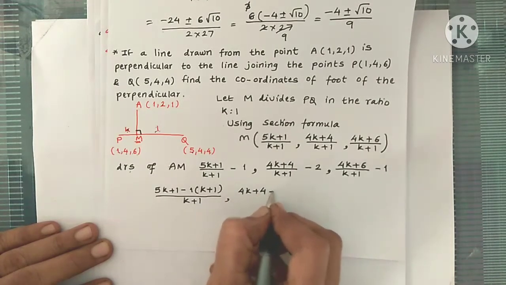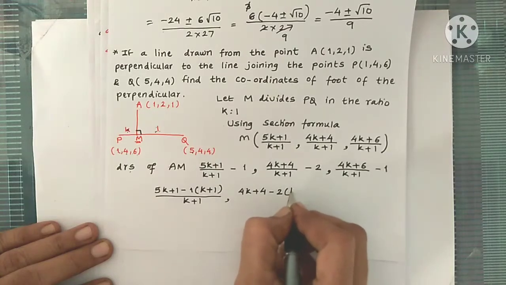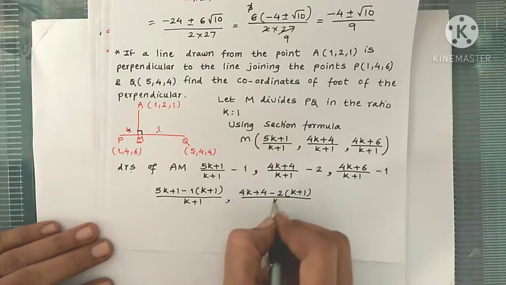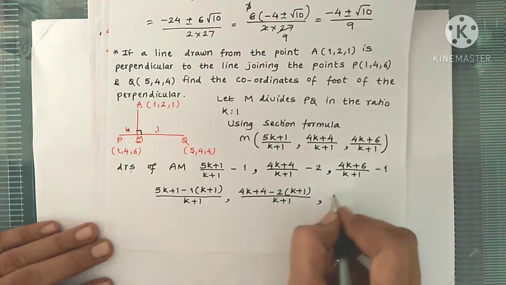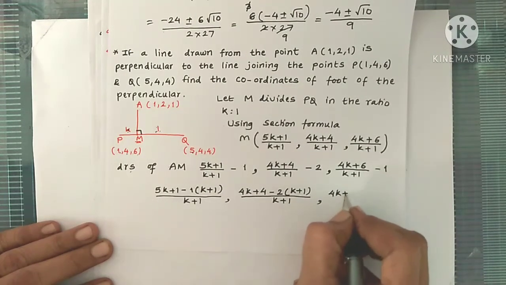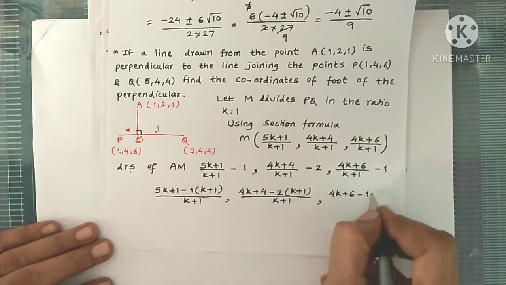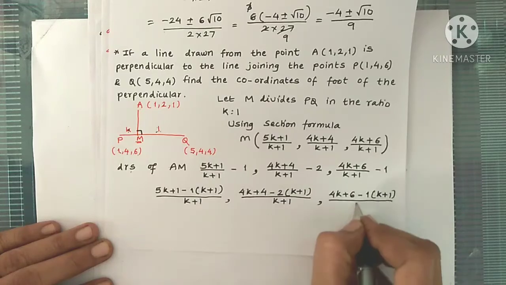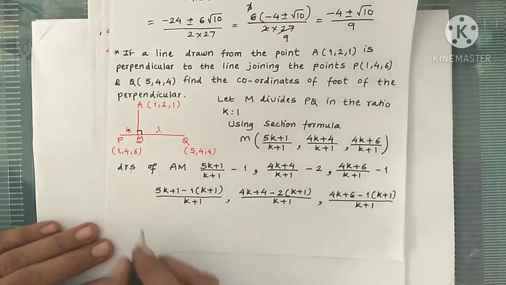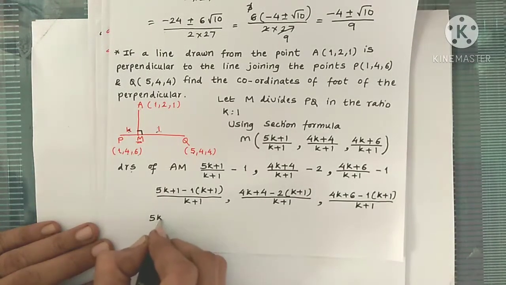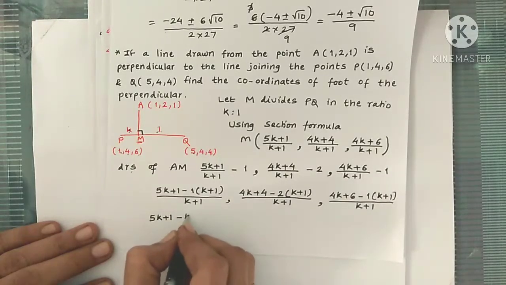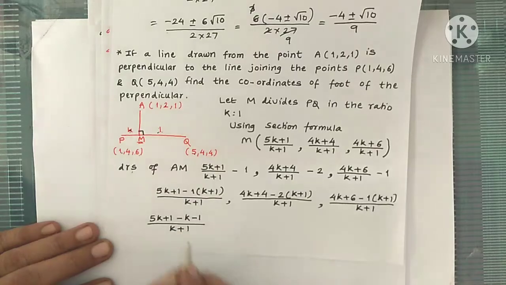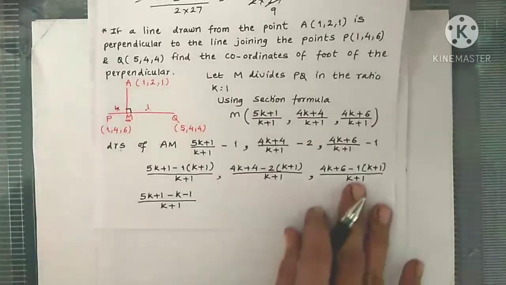4k plus 4 minus 2 into k plus 1 divided by k plus 1. 4k plus 6 minus 1 into k plus 1 upon k plus 1. So 5k plus 1 minus k minus 1 upon k plus 1.